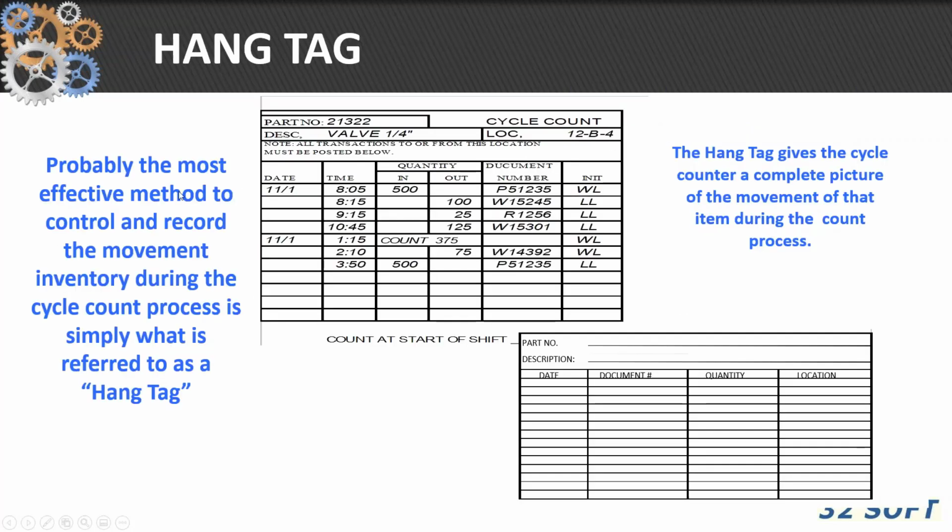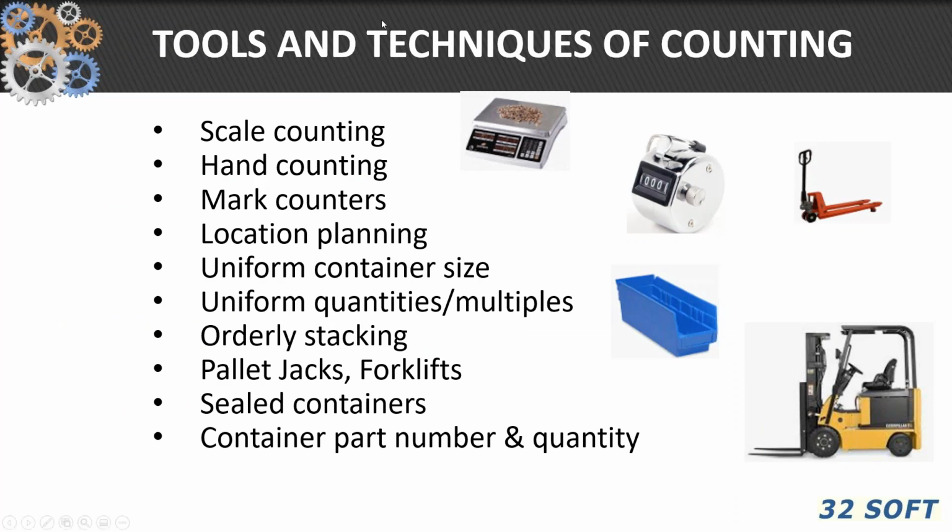A hang tag is simply a piece of paper, pre-printed, computerized, handwritten, that gives the people in the stockroom the ability to record what has happened to a particular part in a location, and then it gives the cycle counters a complete picture of the movement of that item during the process, so that you can verify the count and understand what has caused the variance.